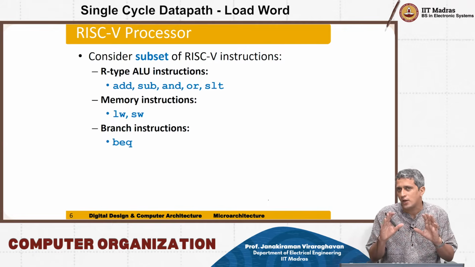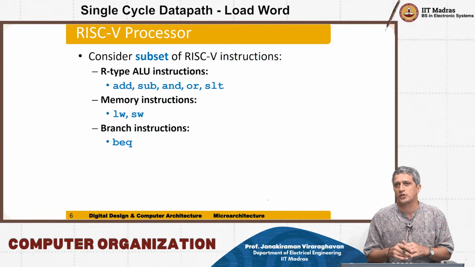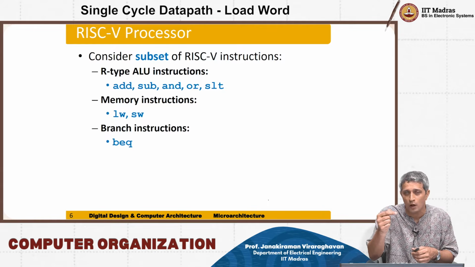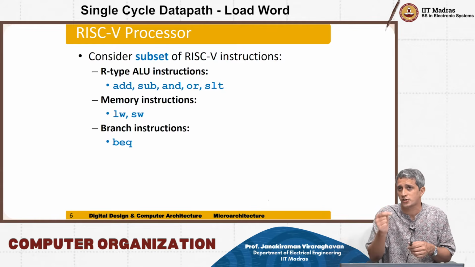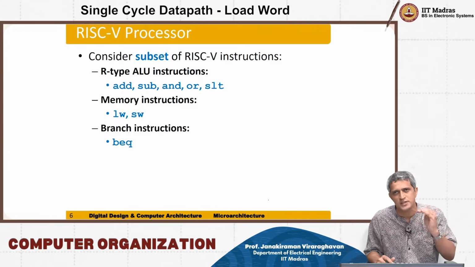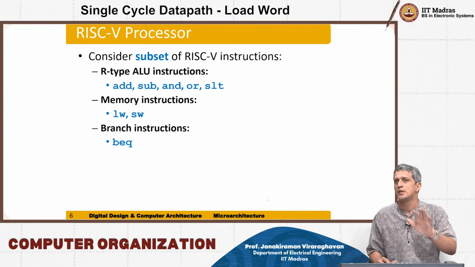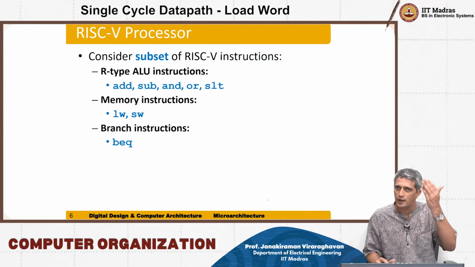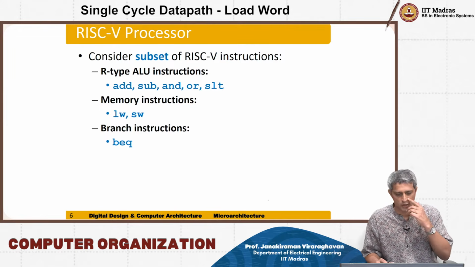And of course the other kind of instruction is the branching instruction, where the next instruction is not going to be at PC plus 4. Remember, in RISC V, every instruction occupies 4 bytes. It's a 32-bit instruction. So normally the next instruction would be PC plus 4. It's very simple to implement. However, when you have a branching, like a jump on non-zero in x86, here you have a BEQ, branch on equal.